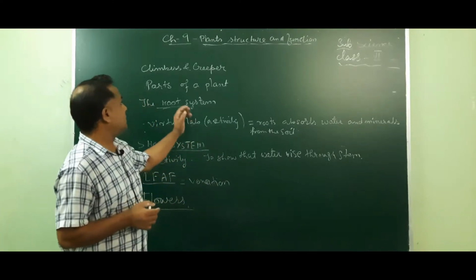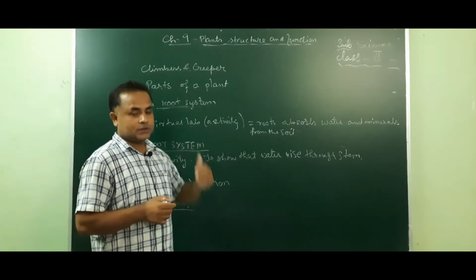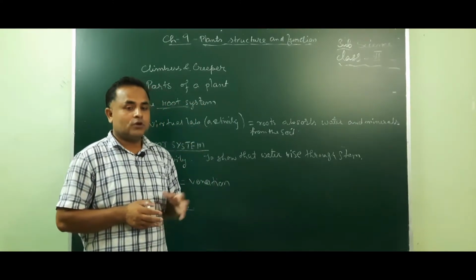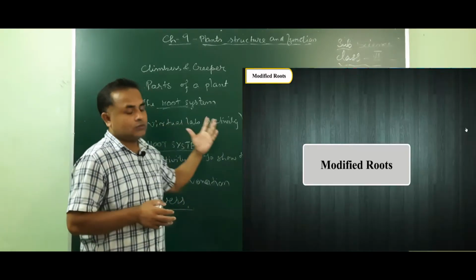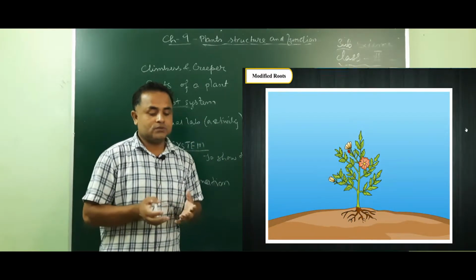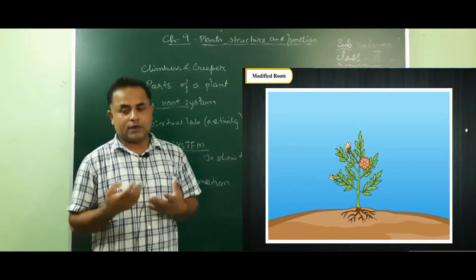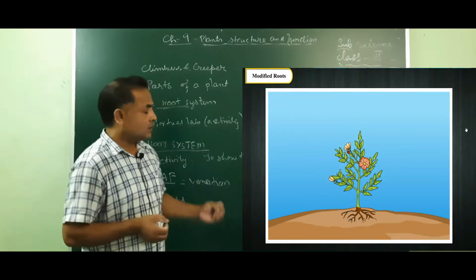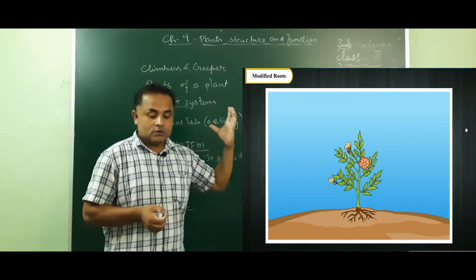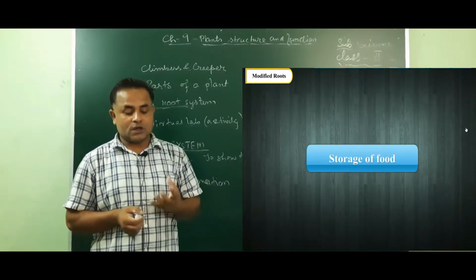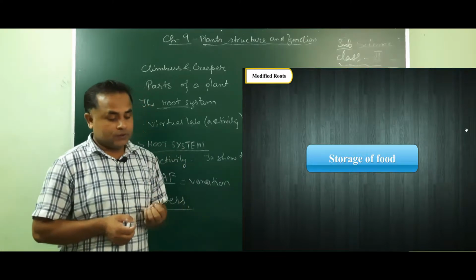Now after the functions of the root system, we will see the modification of the root, how the root is modified. Roots are modified for storing of food, for breathing, and for nitrogen fixation. So now storing food. Some roots are modified to store food.